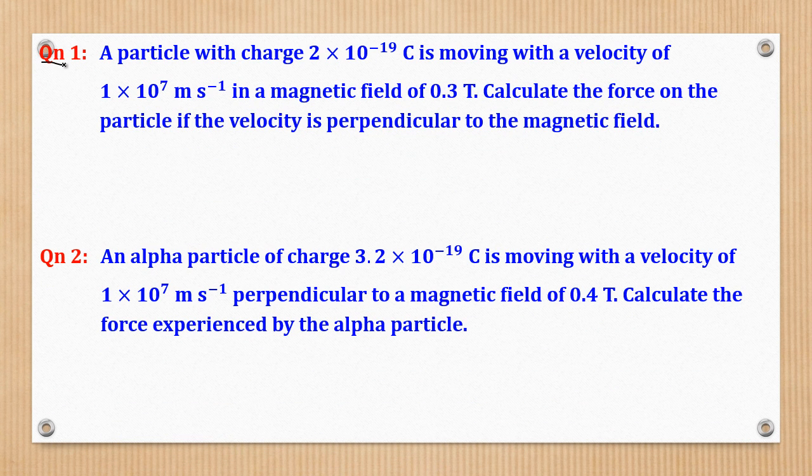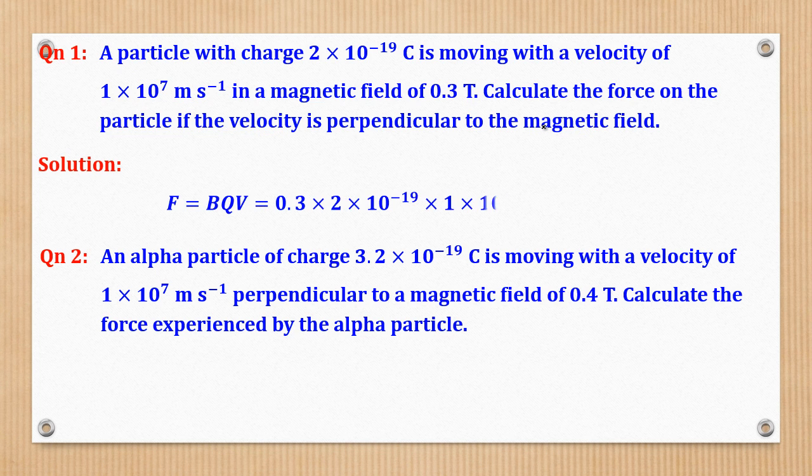Okay, so with that, you can go through these questions. Question 1 says, a particle with this charge is moving with this velocity in a magnetic field of flux density 0.3 Tesla. Calculate the force on the particle if the velocity is perpendicular to the magnetic field.